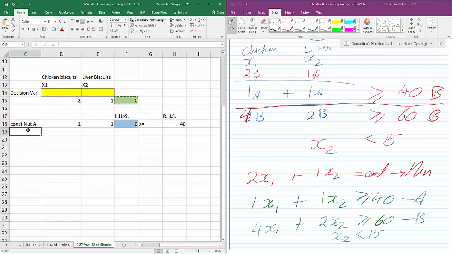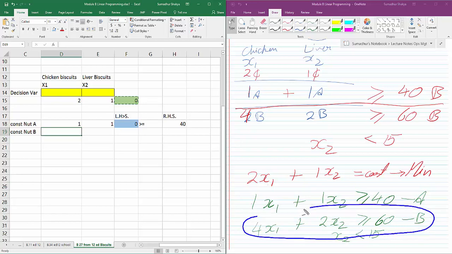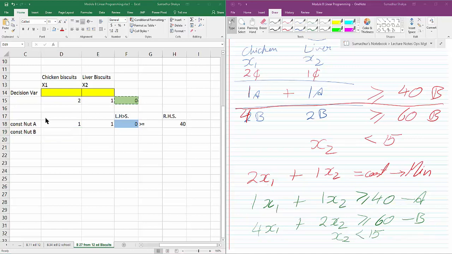Similarly, the constraint for nutrition value for B is 4x1 plus 2x2 greater than 60. Okay, so it's 4x1, 2x2, and it has to be greater than 60.